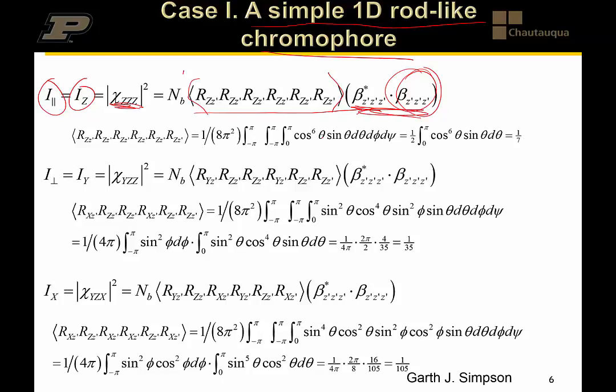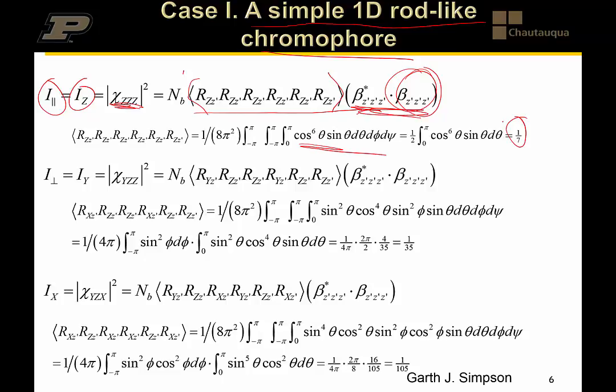If you do the integration, you end up with a total value of 1/7 relative to the total maximum that could be achieved for a delta function orientation distribution. That is co-parallel. So it's reduced relative to a completely aligned system, by a factor of 7.